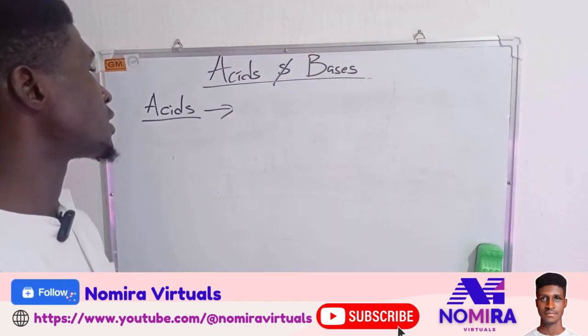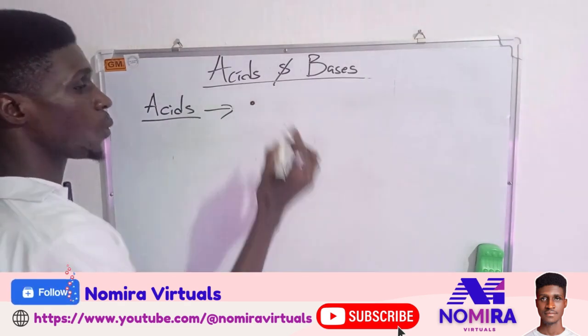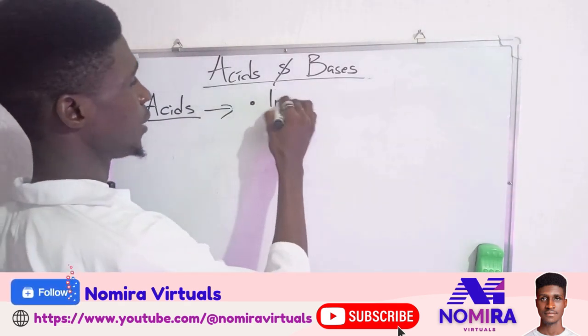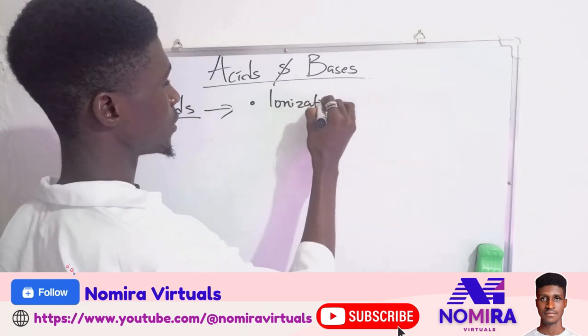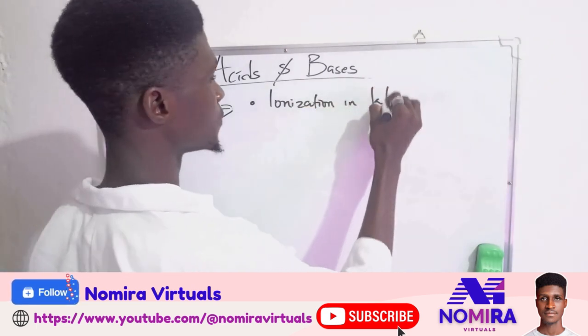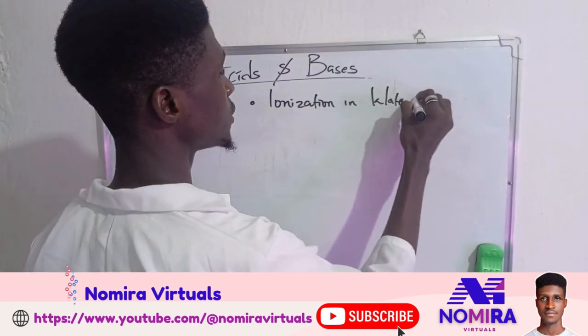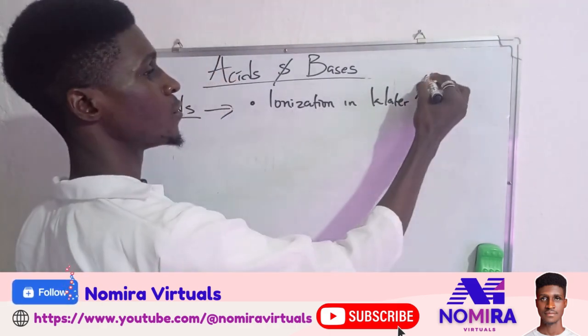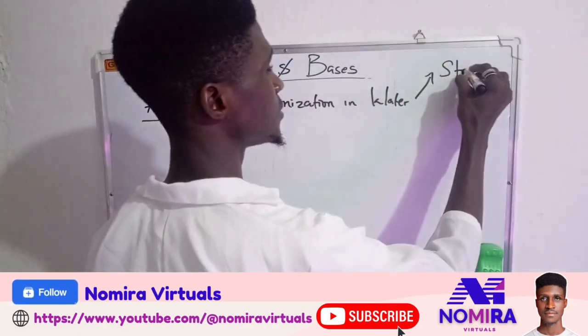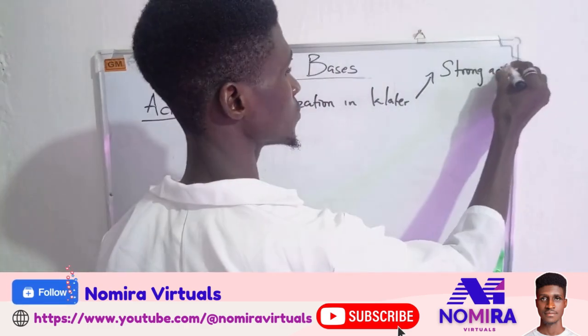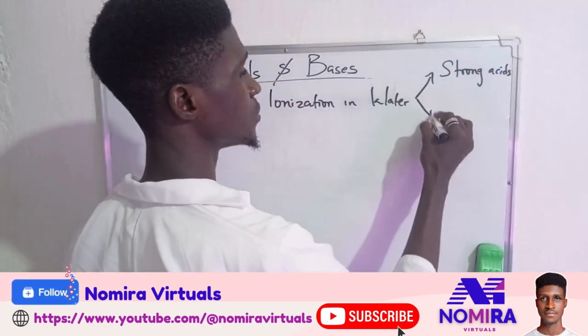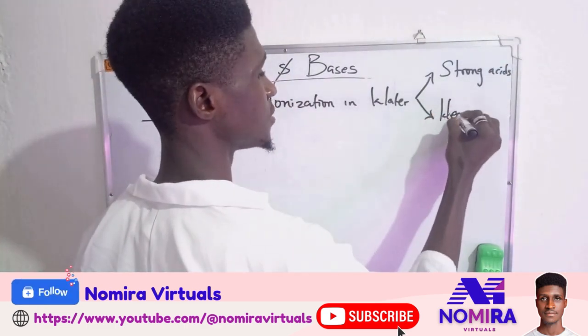We'll be looking at acids based on, one, their ionization in water. This is where we will have strong acids and what? Weak acids.